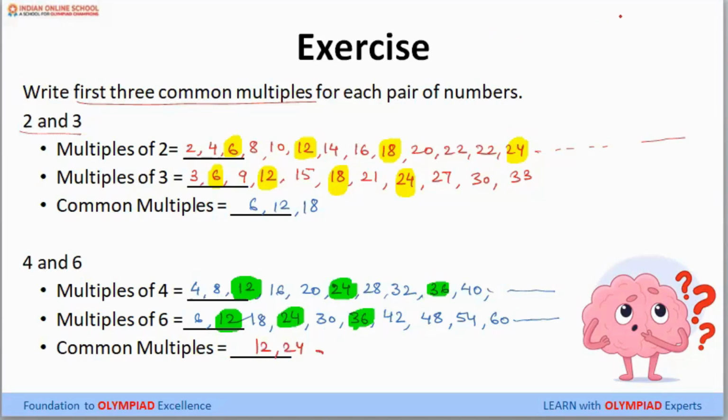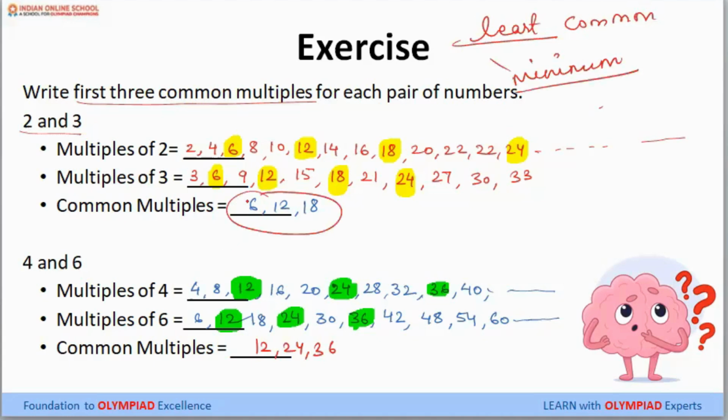Now we need to learn about least common multiple. And what is the meaning of least? Least means the minimum. So out of these multiples, can you tell me which one is the smallest one? 6.